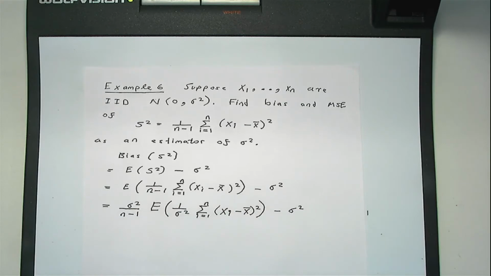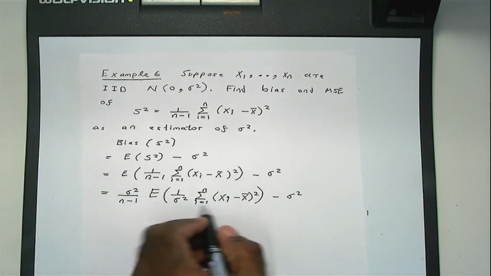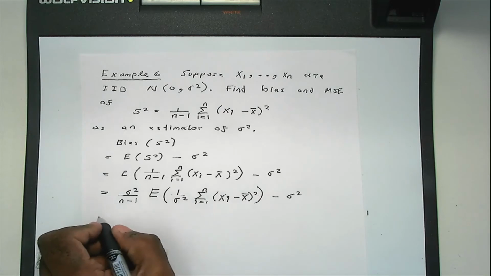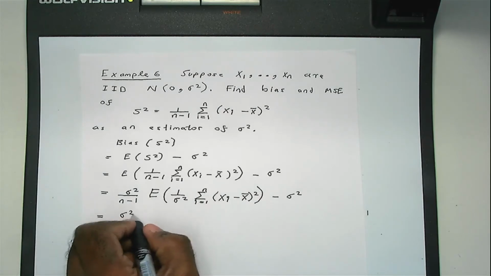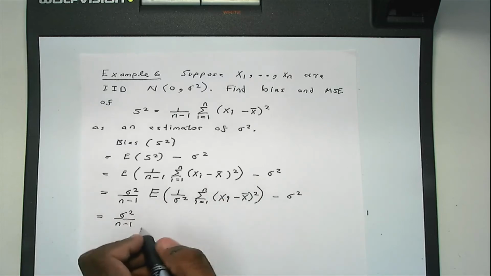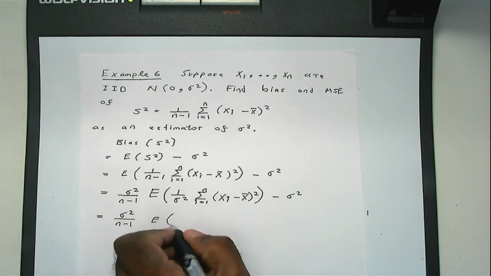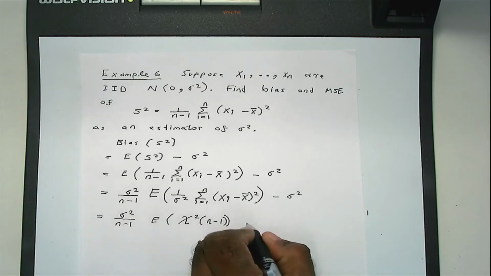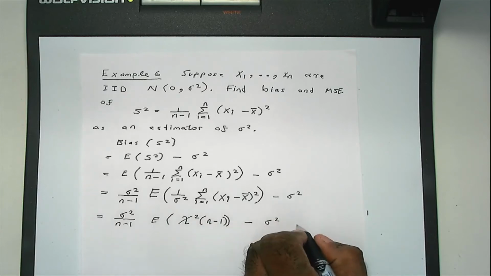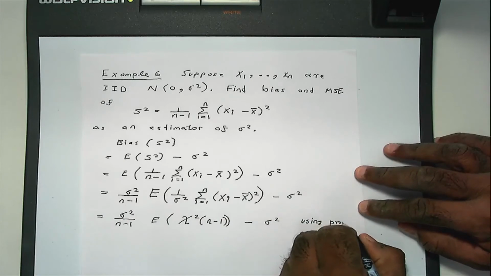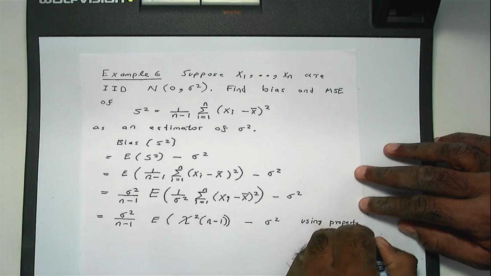Now, you may recall this expression from the video I did on chi-square distribution. One of the properties I gave you in that video is that this expression here has the chi-square distribution with n minus 1 degrees of freedom. So it's using that property of chi-squared.